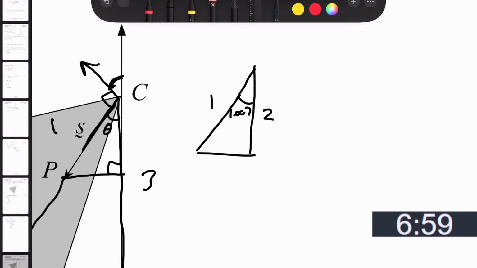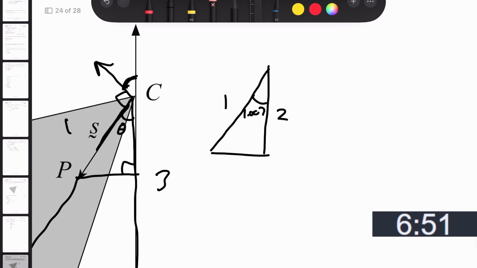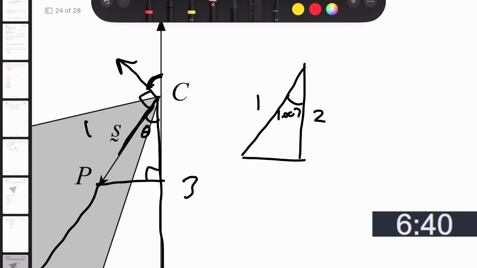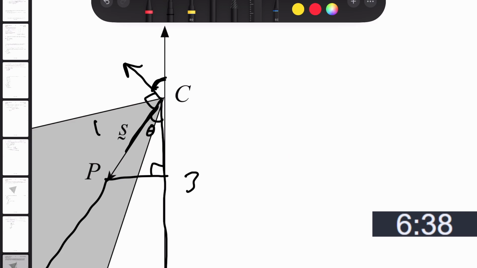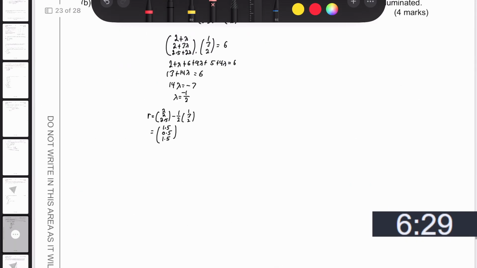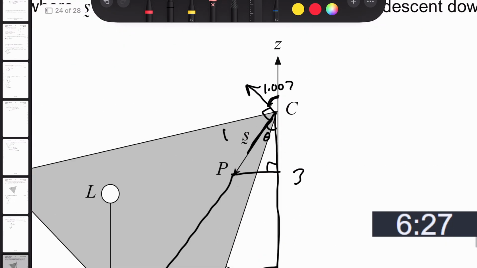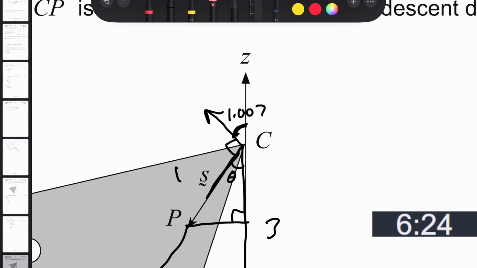No, so pi minus pi on 2 minus 1.007, so it's cosine 2.53784. Okay, so this angle here must be 1.007. So that angle there is 1.007.